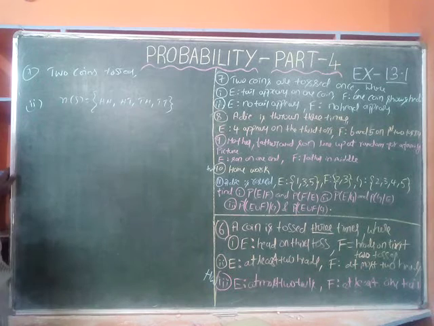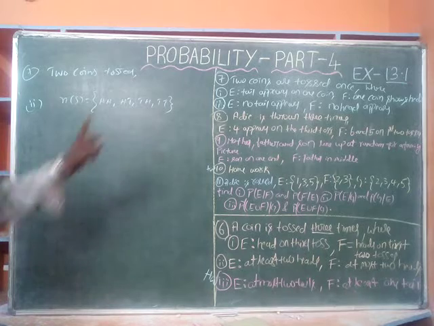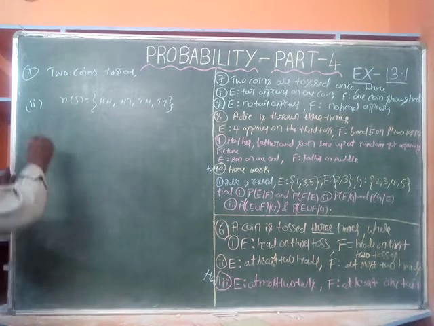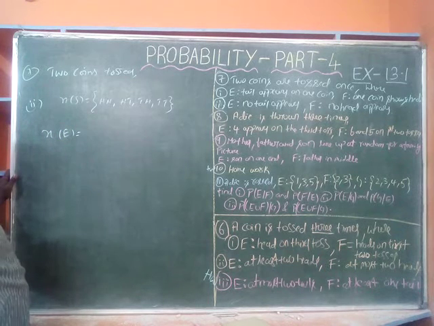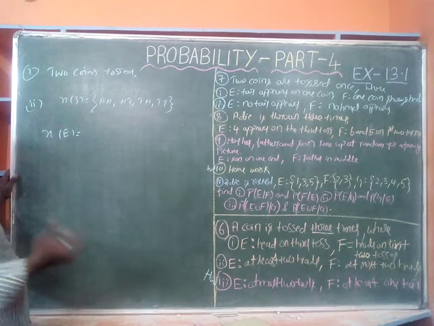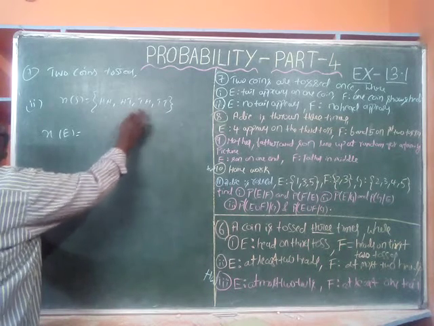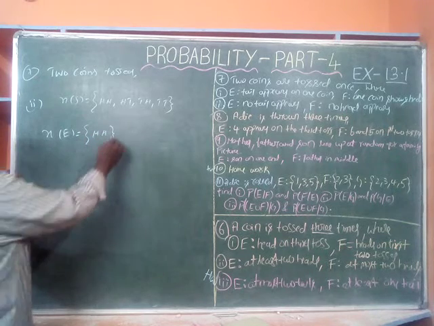That is all T only. That means tail. Here, E is no tail appears. Directly I am taking N of E. N of E is the event that no tail. No tail means here tails are there: 2 tails, 1 tail. No tail means all are heads.